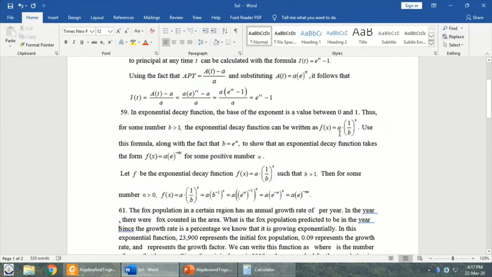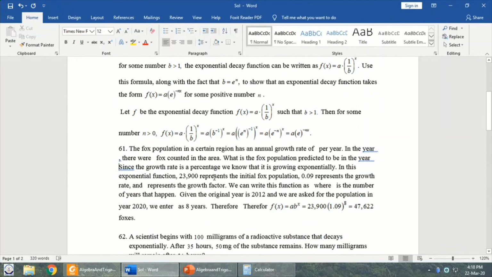As you can see, for a, 1 over b to the x, you simply replace 1 over b by e raised to power minus n, and then the x was initially outside. If you can understand this, then we know the power rule that we have done in our previous lectures: you can multiply it with the power outside, and it can be taken out of the bracket.